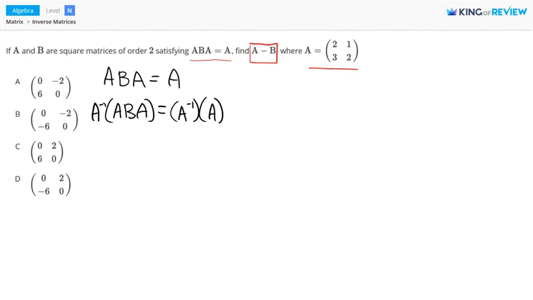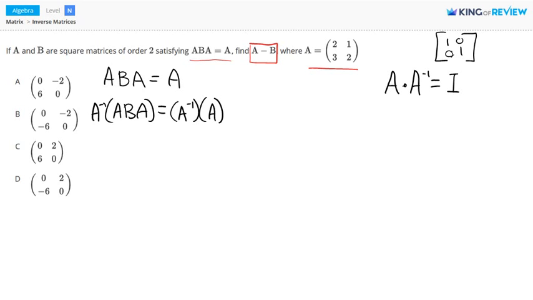Now I want you to remember that if we have matrix A times its inverse, which is A inverse here, this is going to be equal to the identity matrix. The identity matrix has ones in the main diagonal and zeros elsewhere.